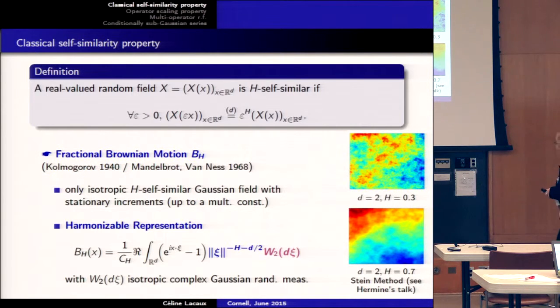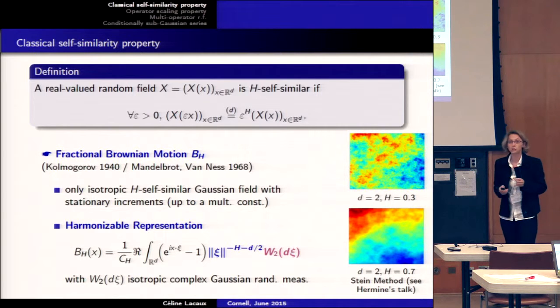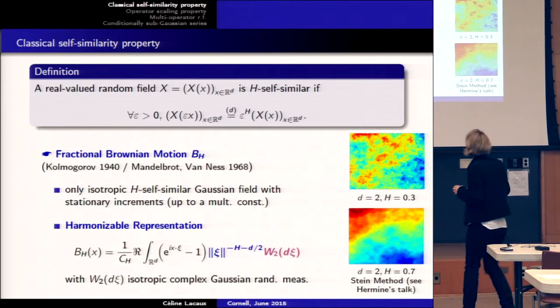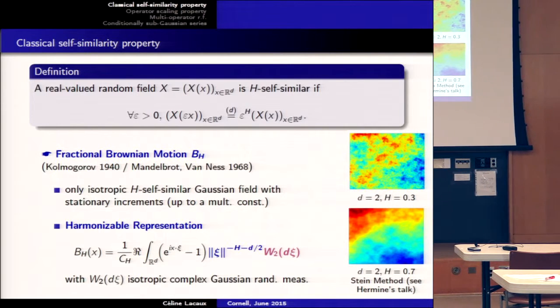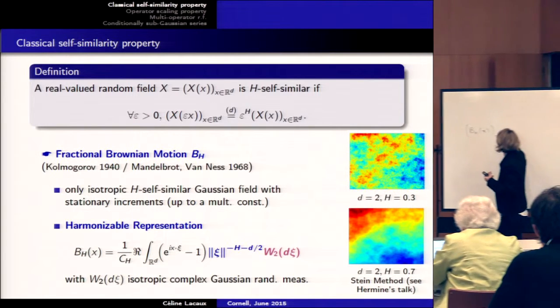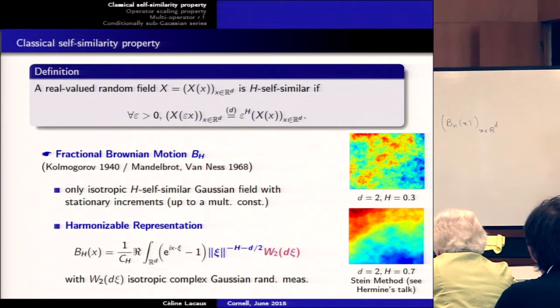In my talk, David only spoke about processes, and I will be interested in fields. That means that the field is indexed by x in R^d. So that's the only difference.